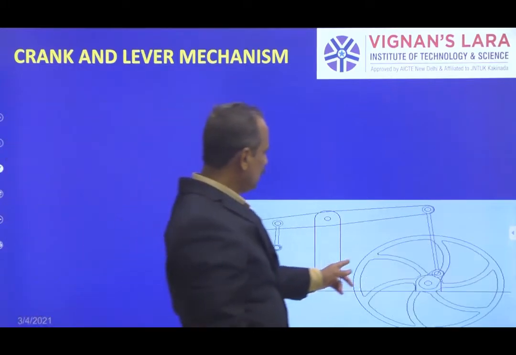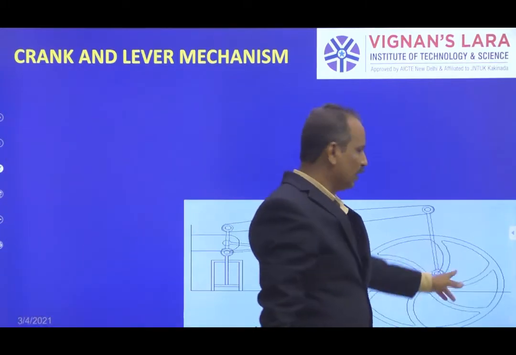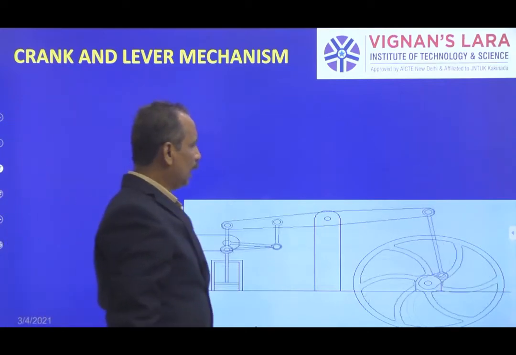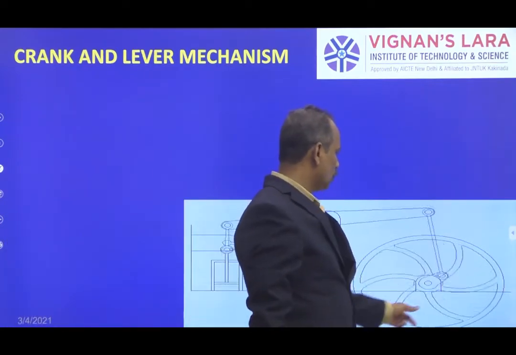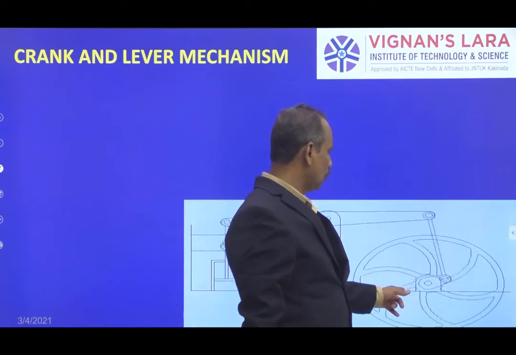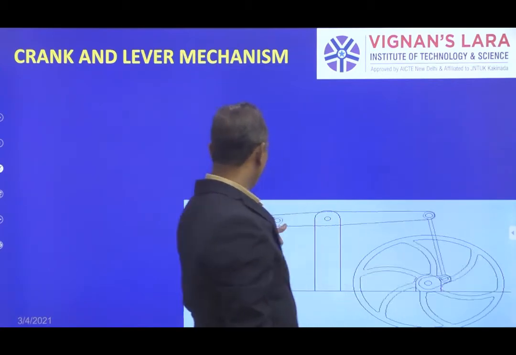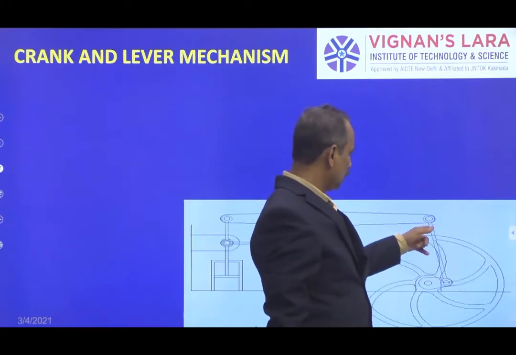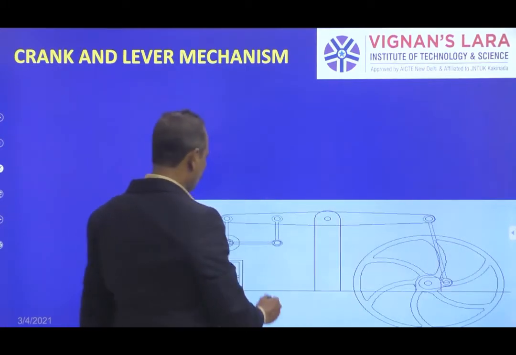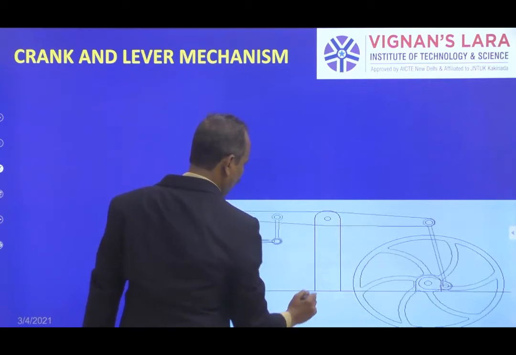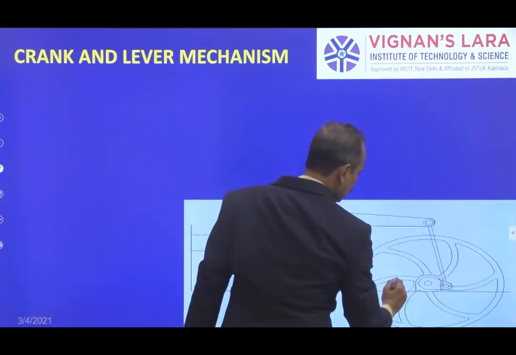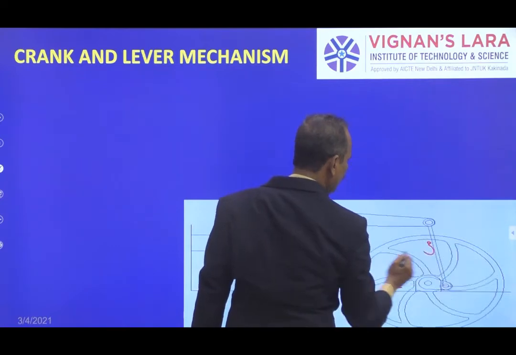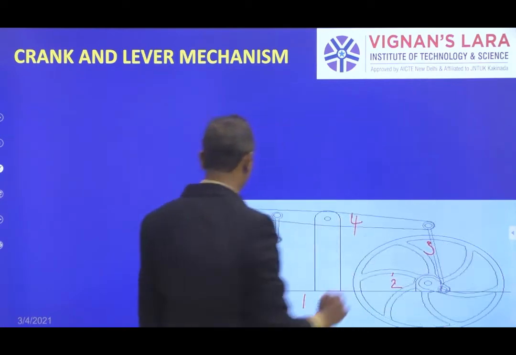So this is a crank which is revolving, and this rotational motion, that is link number 2, is given to link number 4 through the coupler. This is 3. And of course this is the fixed link 1, this is 2, this is 3, and this is 4.